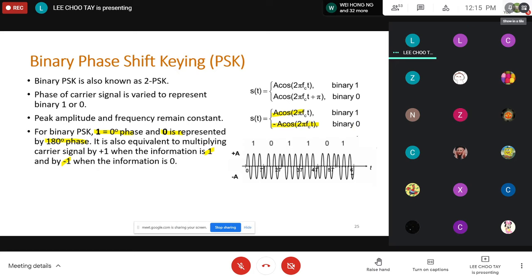Correct or not? So therefore, to modulate a carrier using PSK, your binary waveform needs to be a polar signal, meaning it needs to have positive and negative amplitude.